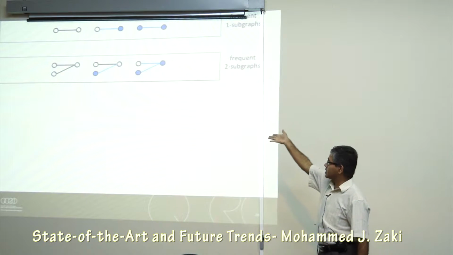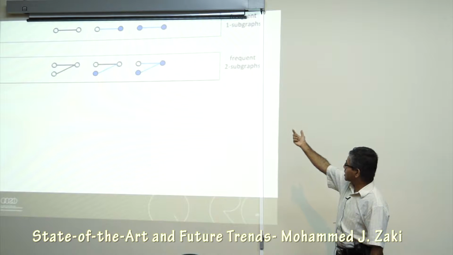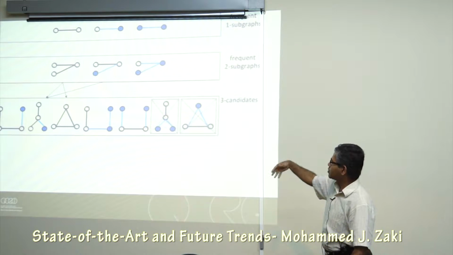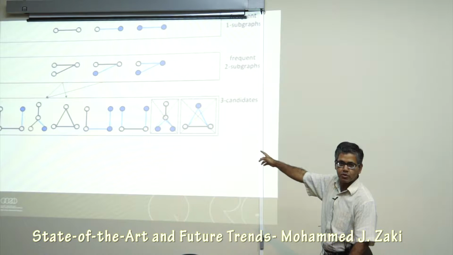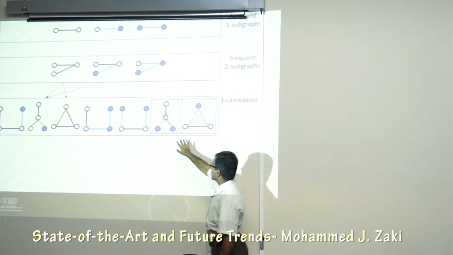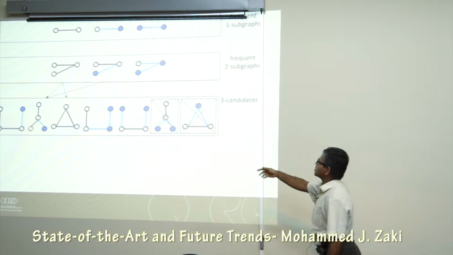Basically this is the same paradigm I told you before. Start with single edges, right? Then go to 2 graphs, 3 graphs, and so on and so forth. And then some of them are isomorphic, so you throw them away. So duplicate checking, right? So now we come to the notion of this pattern has already been seen, or maybe it's not frequent. So it also depends.